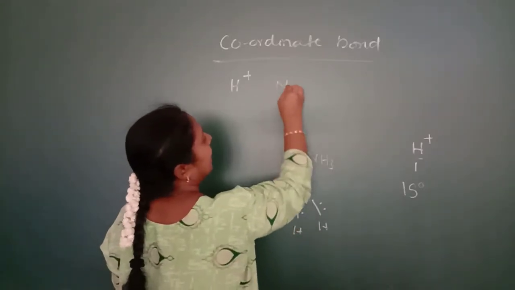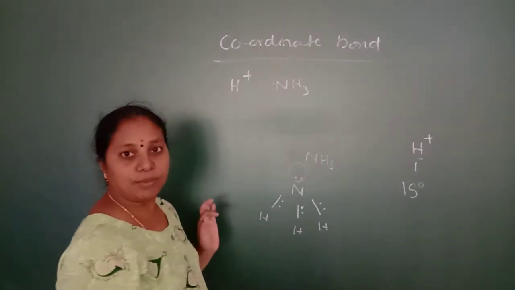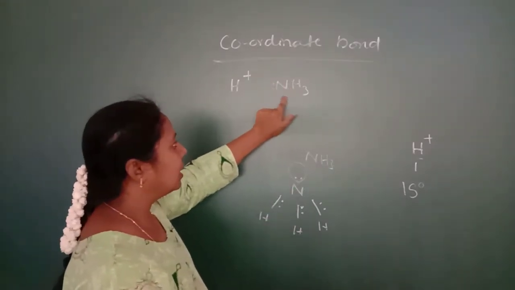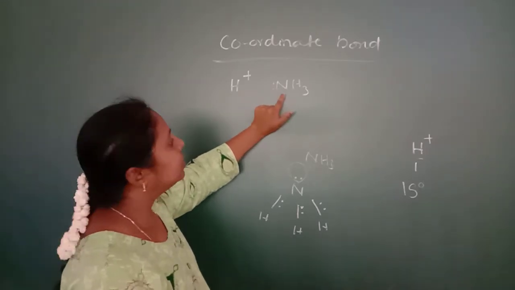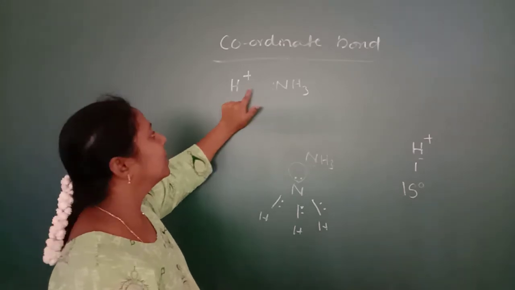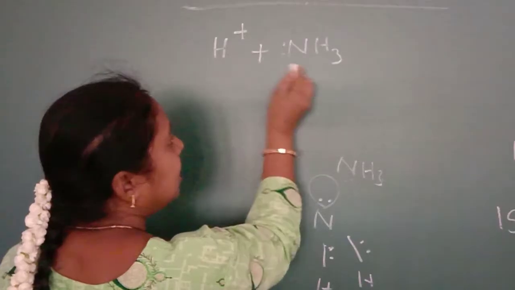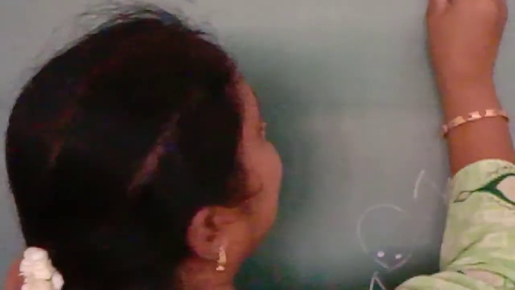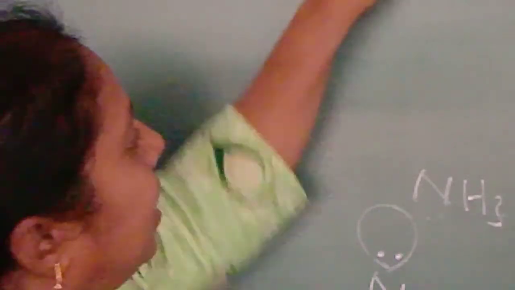Whenever an electron rich species comes in contact with an electron deficient species, the pair of electrons belonging to the nitrogen atom of ammonia can be donated towards the electron deficient species. Whenever these two come in contact with one another, a bond called the coordinate bond is formed between them.